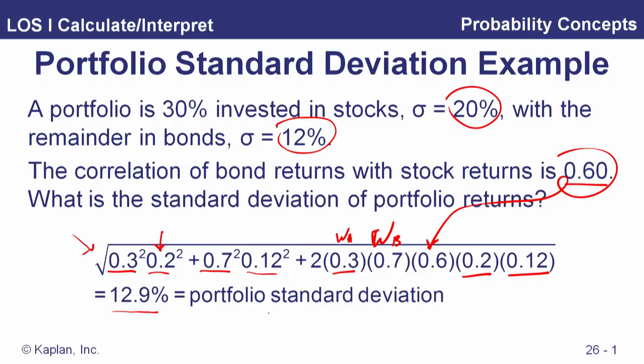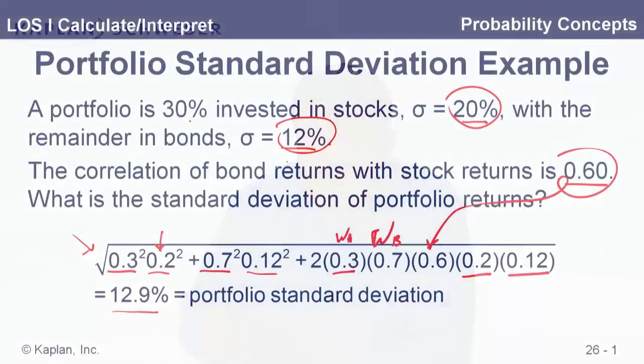I mean, when you look, we've got 30% in the stock with a 20% standard deviation, 70% in bonds with a 12% standard deviation. If we just took the weighted average of that, right, 30% of 20 is 6, and 70% of 12 is 8.4.